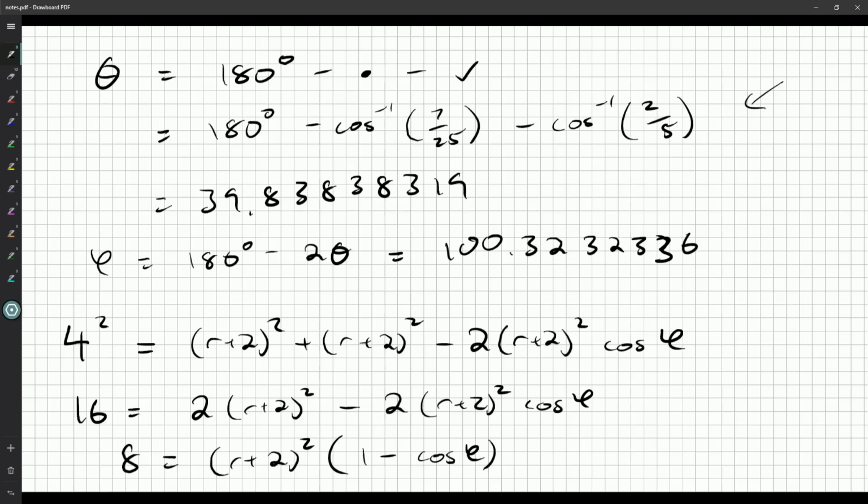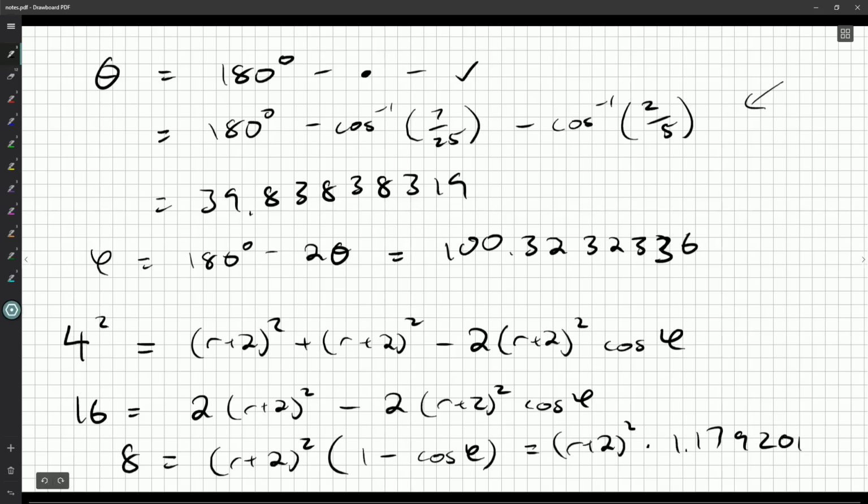All right, so cosine is negative 0.1792 and so on. So we'll do 1 minus that. So we'll have r plus 2 squared times 1.179201169.